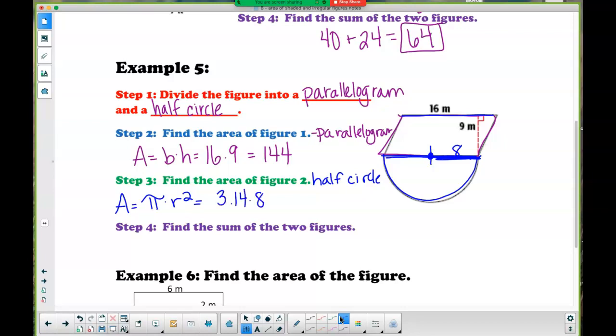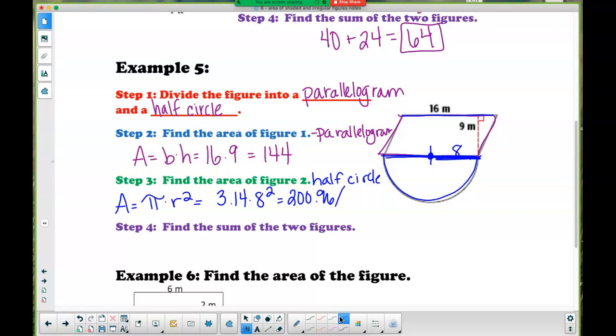3.14 times 8 squared is 200.96. What do I have to do with that number? So remember, that's a full circle. I don't want a full circle. What do I have to do, Brooklyn?